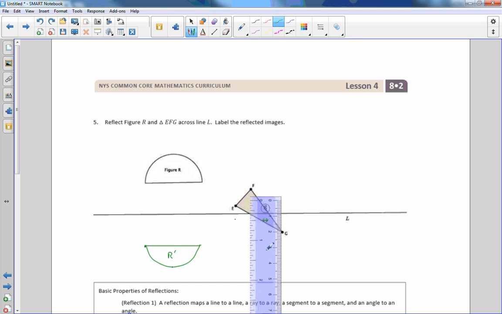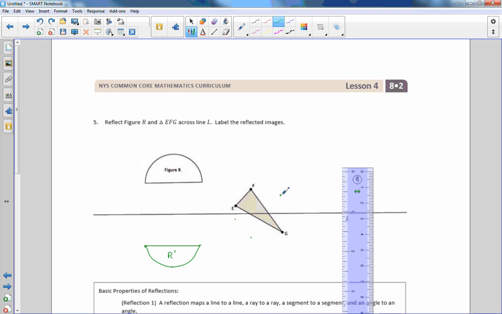So if I move this up to 24, like that, and put a dot at 0, now I am 12 millimeters above the line L across from G, which is actually more over here. More like right here. And that will be G prime. This is F prime. And this is E prime.